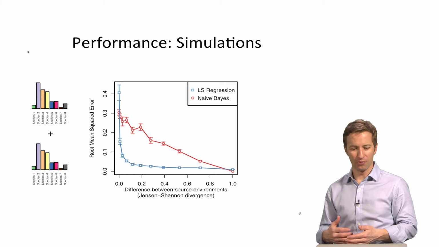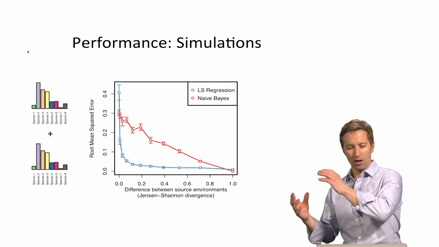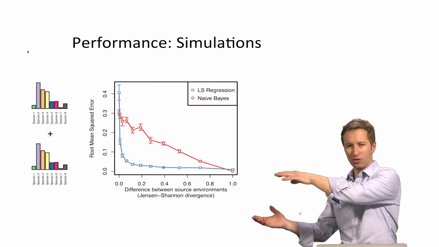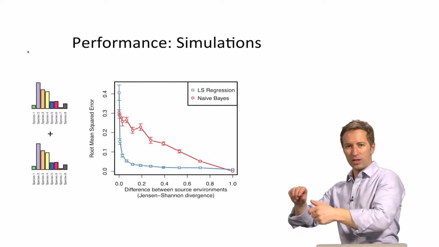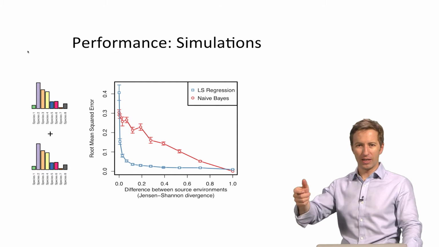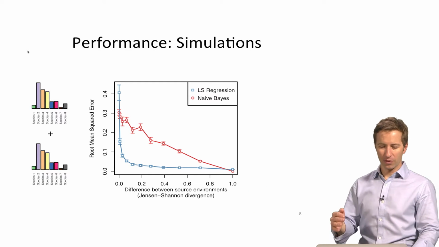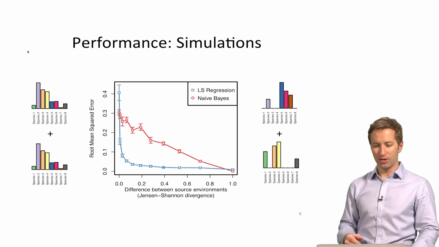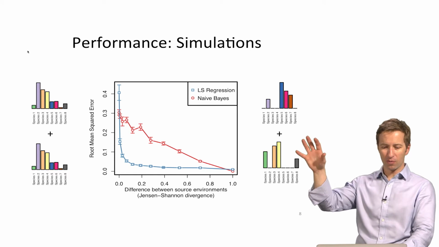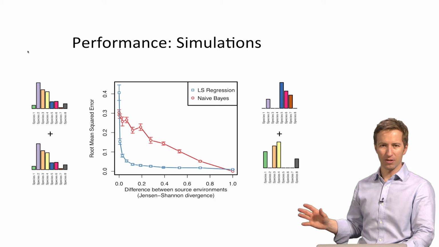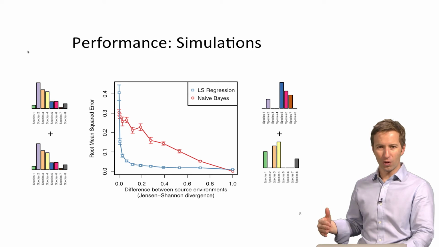That's a measure of the difference between 2 probability distributions. So on the one end, we have 2 communities that are identical, and then we varied how much they differed from one another, all the way to the other end of the spectrum where the two communities had no species in common. So the species in community 1 were completely different from the ones in community 2. And at this point, the two source communities have a Jensen-Shannon divergence of 1.